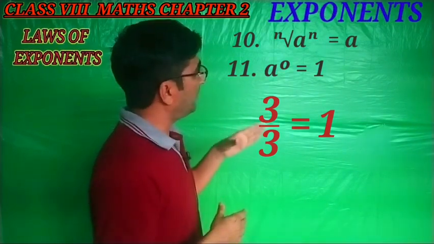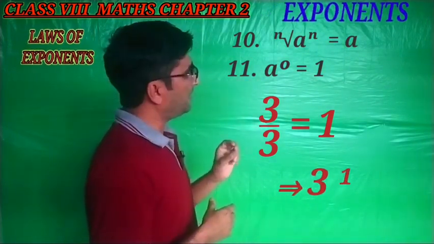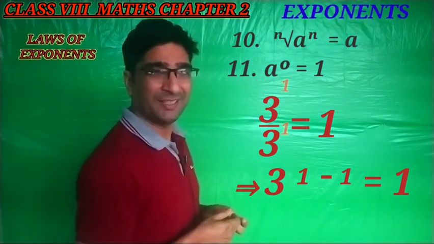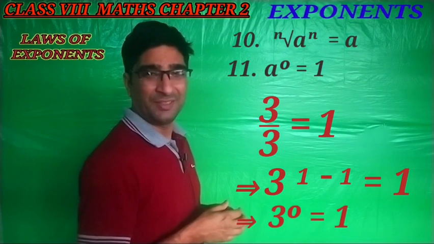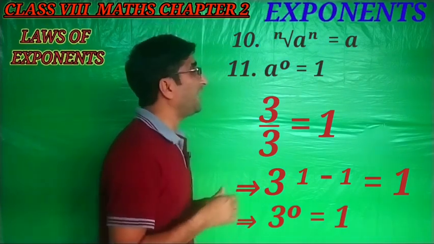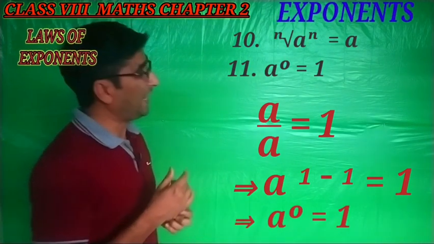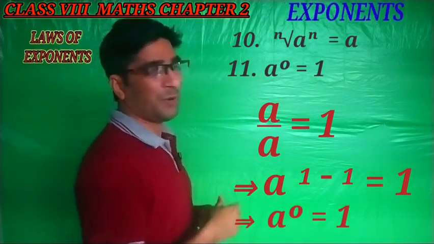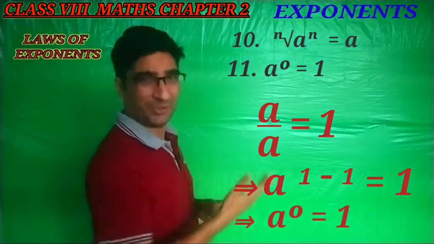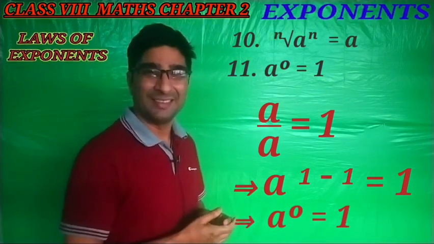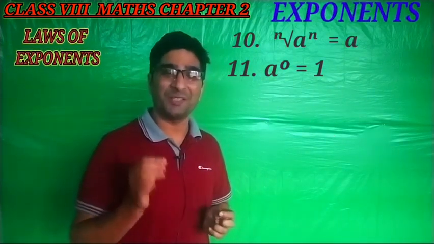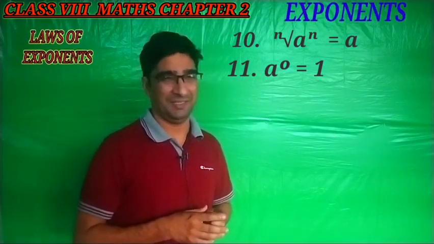That is 3 to the power 1 minus 1, which is 3 to the power 0. This side is equal to 1. Similarly, a by a equals 1. Now, a by a is a to the power 1 minus 1, that is equal to a to the power 0. That means a to the power 0 equals 1. I think you have understood why a to the power 0 is equal to 1.